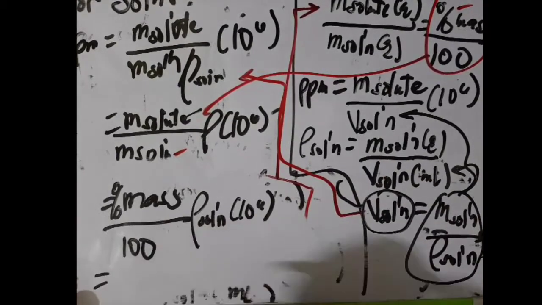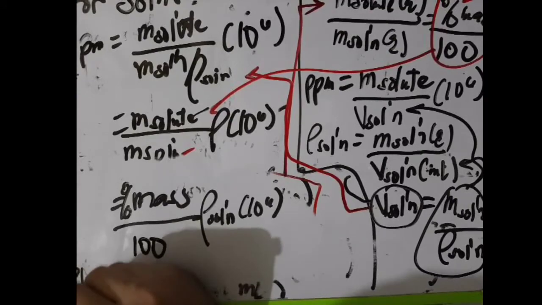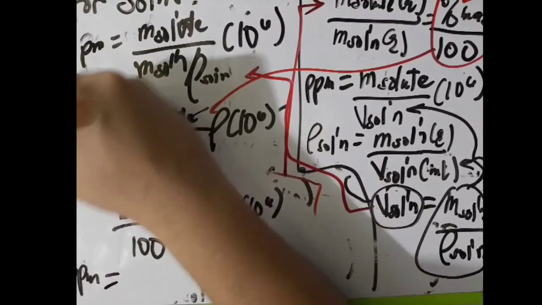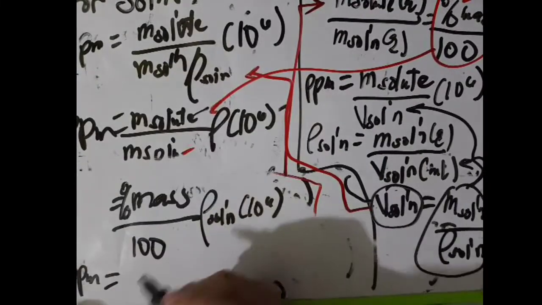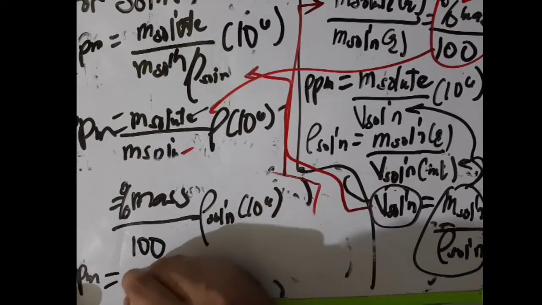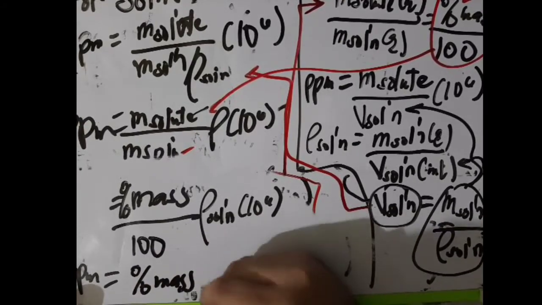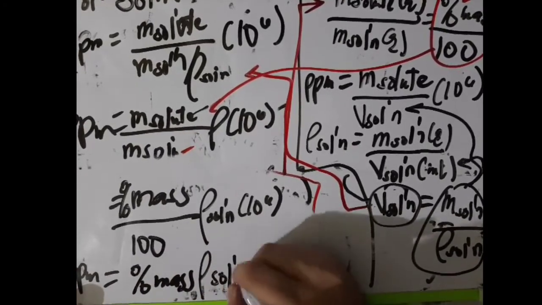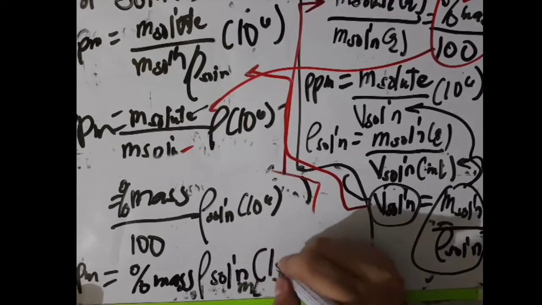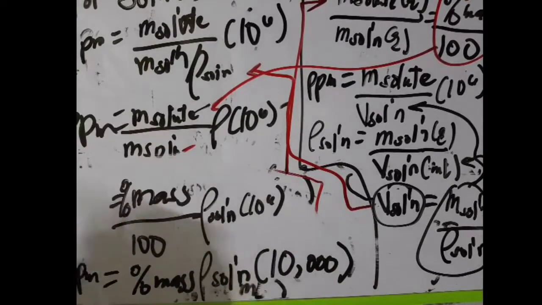So the final relationship is that the parts per million of the solute in the solution is equal to its percent mass multiplied by the density of this solution times 10,000. So that will be your final solution.